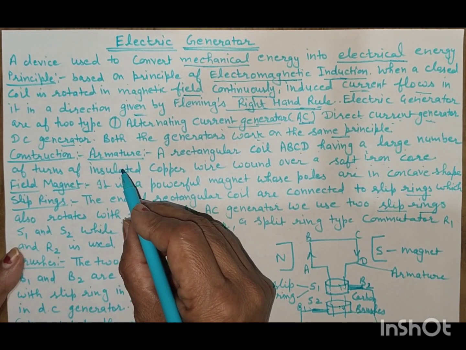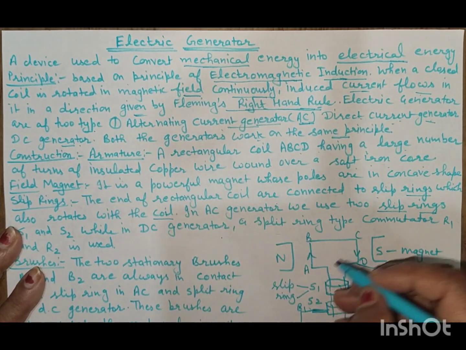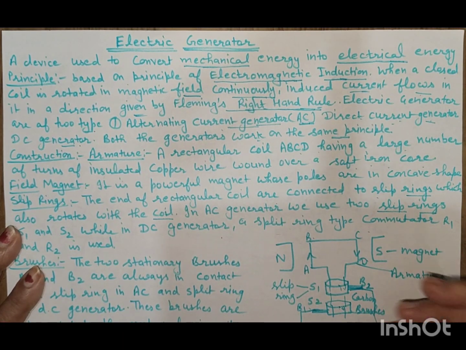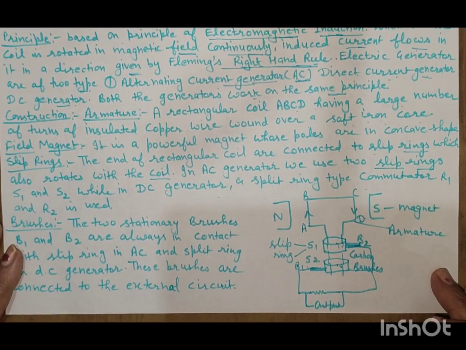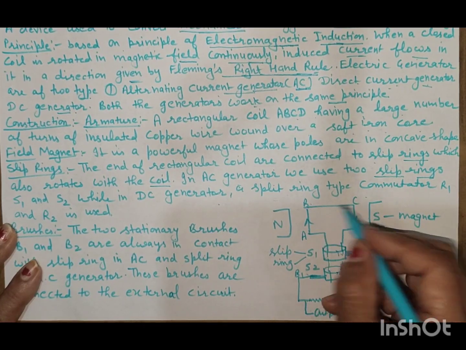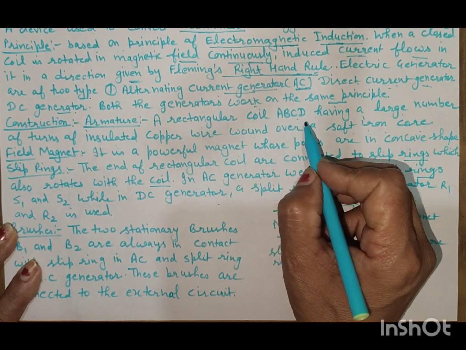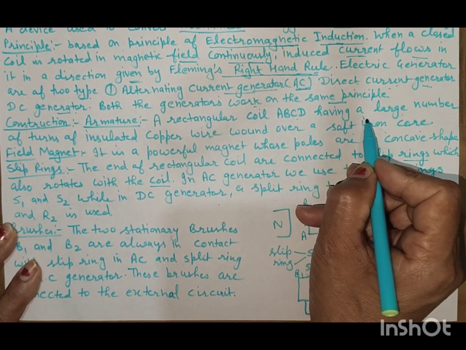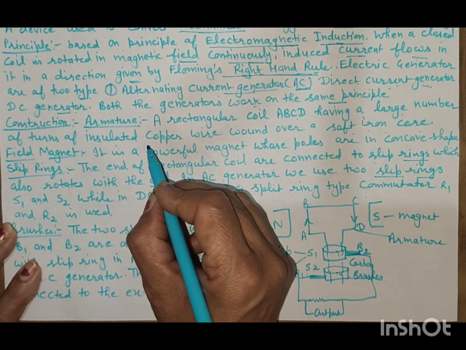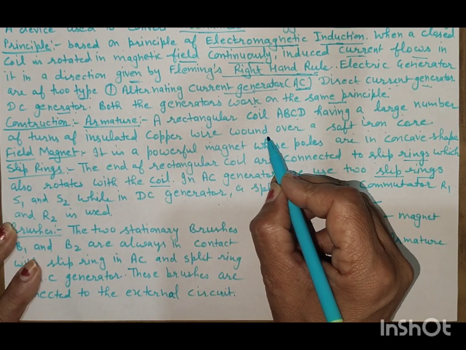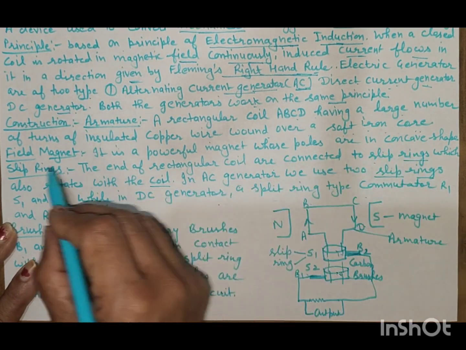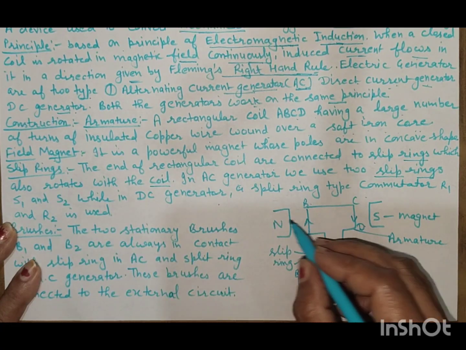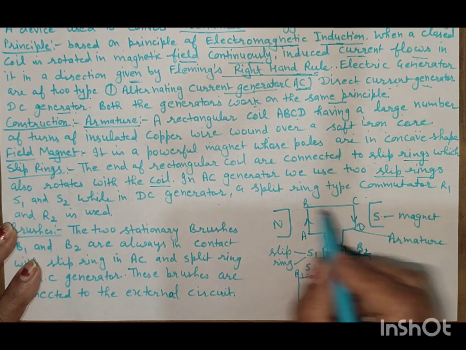Construction. It consists of the armature ABCD. This is said to be the armature ABCD, a rectangular coil having a large number of turns of insulated copper wire wound over a soft iron core. Field magnet. There are two magnets, north and south.